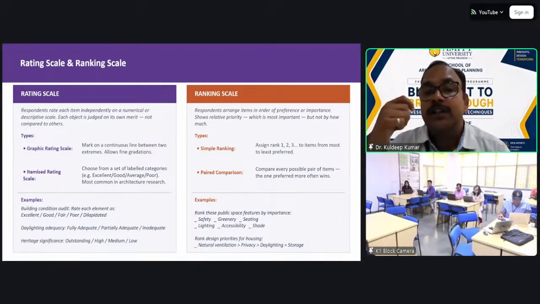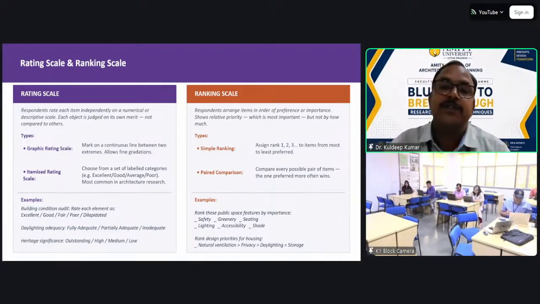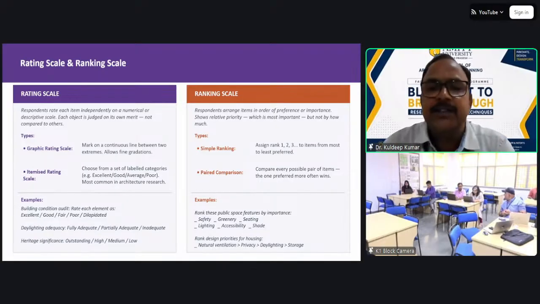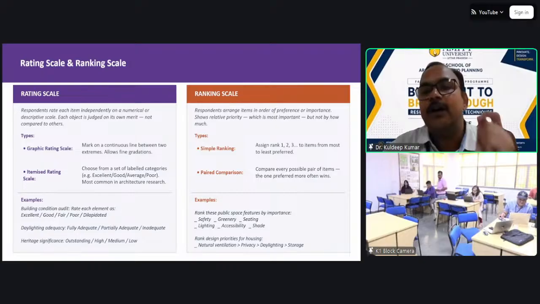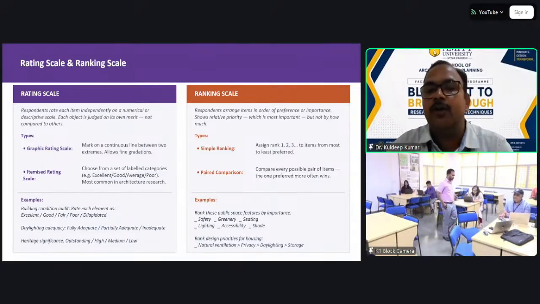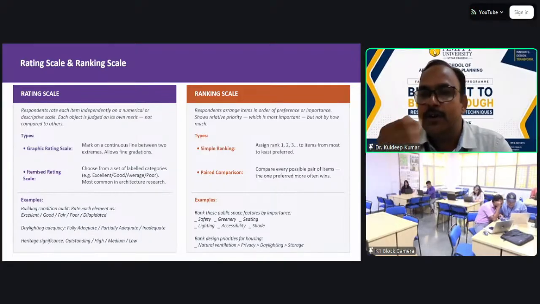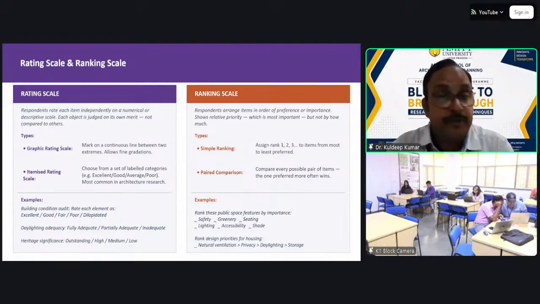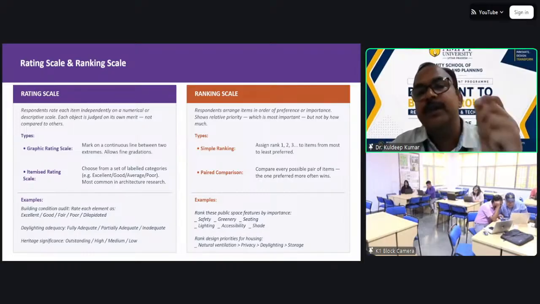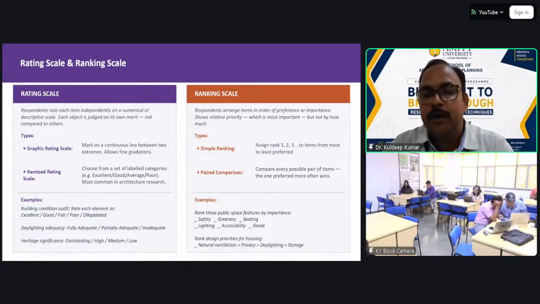Now the respondent has to arrange these parameters as per his or her preference. Let's take an example. If safety consistently ranks first across, say, 300 respondents, that is a powerful finding, and it directly shapes your future research or maybe your design brief which you are working on. So this is exactly how evidence-based design works.